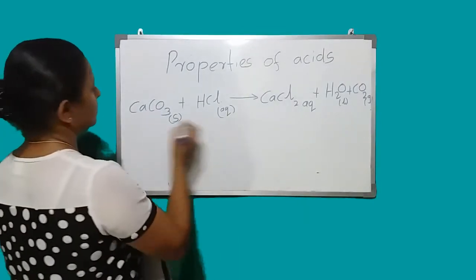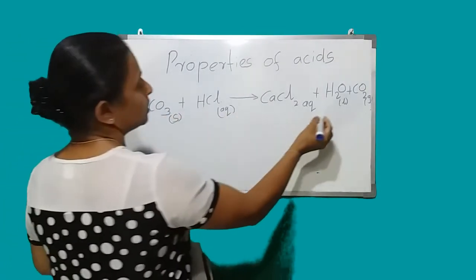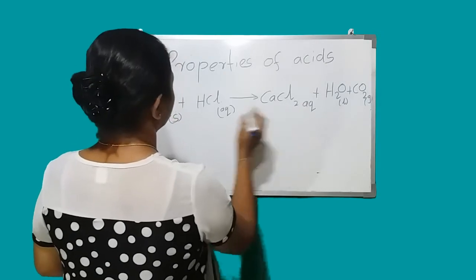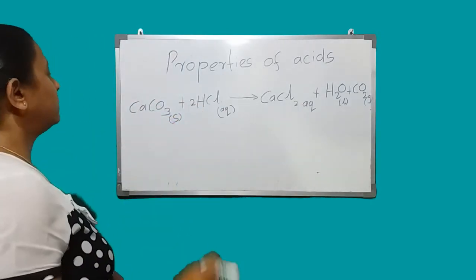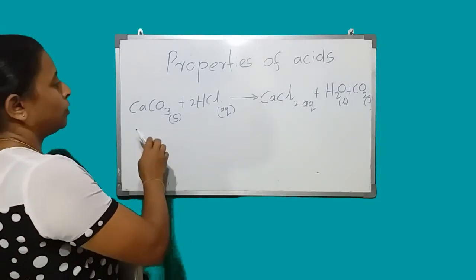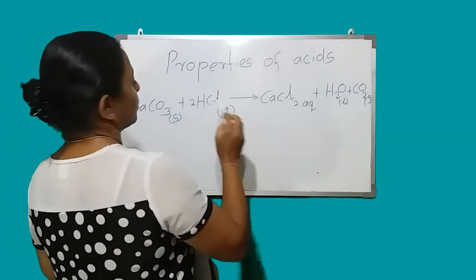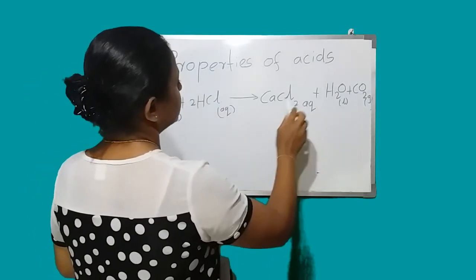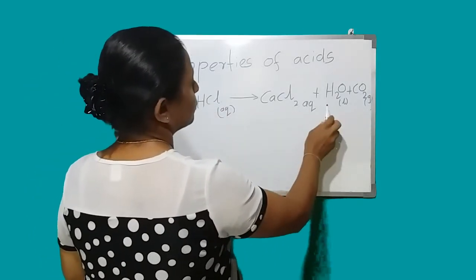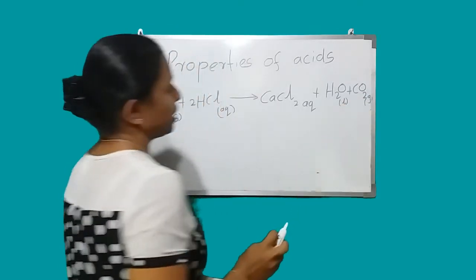Right here 2 hydrogen, 2 chlorine, here 2. Bicarbonate and carbonate form metal chloride, water and carbon dioxide.